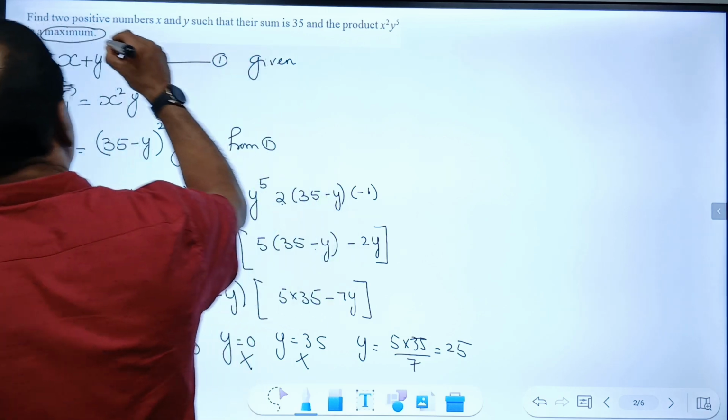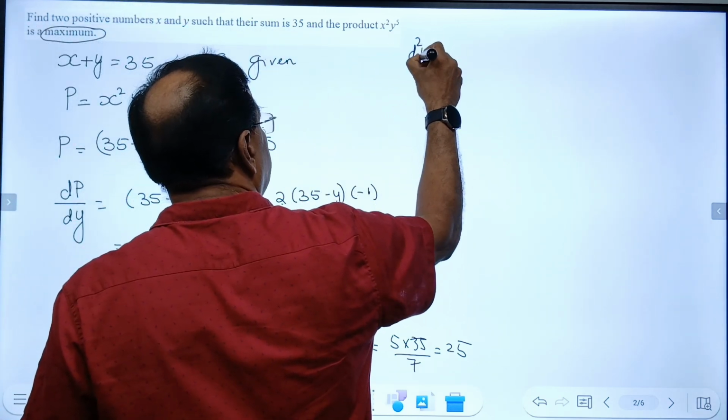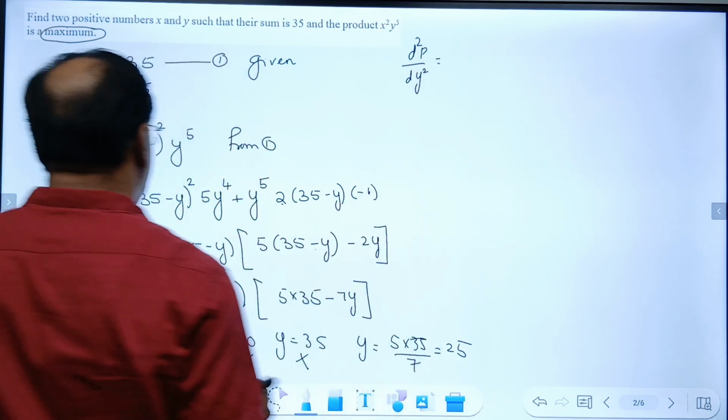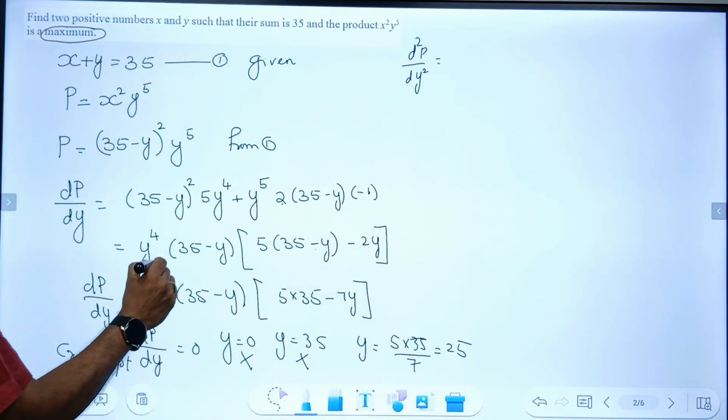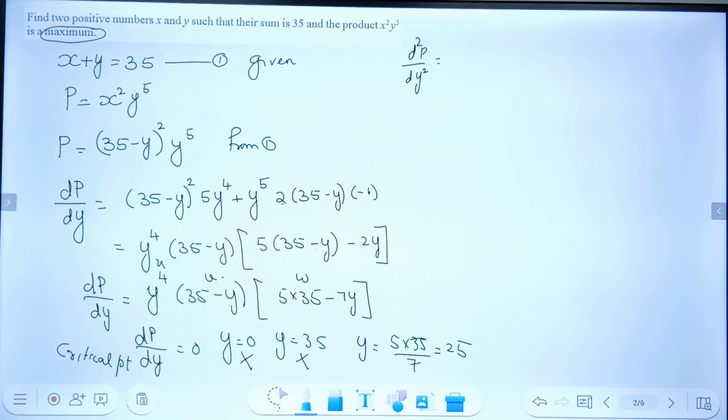Now how do I know whether it's maximum or not? I have to go for the second derivative, d square P by dy square. I'm going to use u v w. This is u, this is v, this is w. How do I use it?